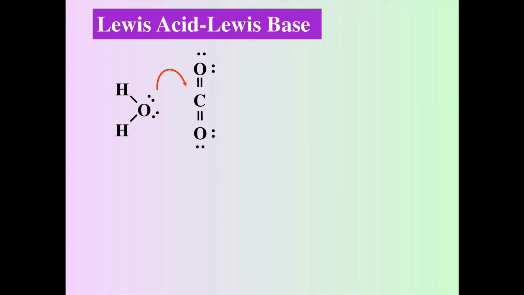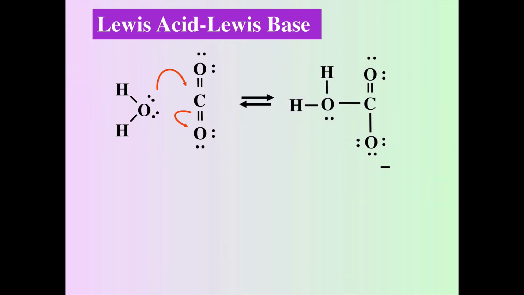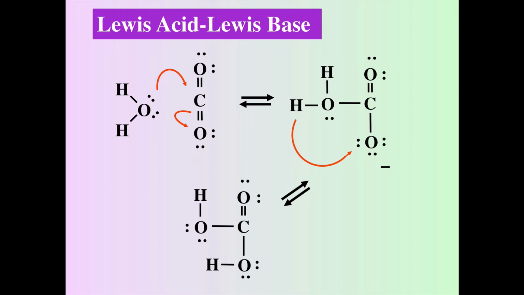Well, in this situation, both of the electrons are coming from one species, right? Both the electrons are coming from the water to make the bond between the water and the carbon to get this intermediate. This intermediate then falls apart by having this electron pair being donated. So this hydrogen gets transferred over to this side of the molecule, and they end up with carbonic acid.